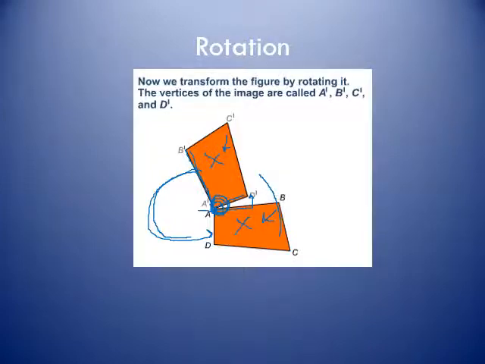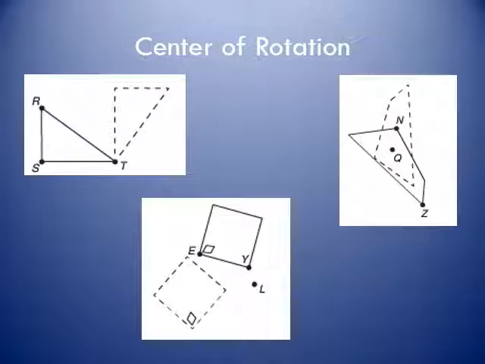Let's see. So in these, another thing that's helpful to identify the center of rotation is to look at distances. So let's assume that the solid is our pre. So this is our pre, and this is our image. Okay, so this is where we started our ST, and this is where we rotated to.